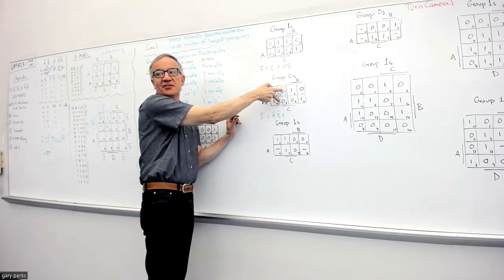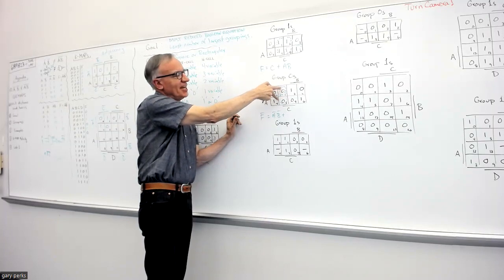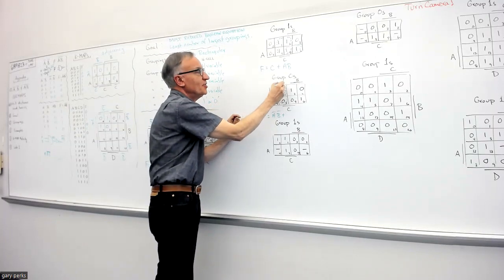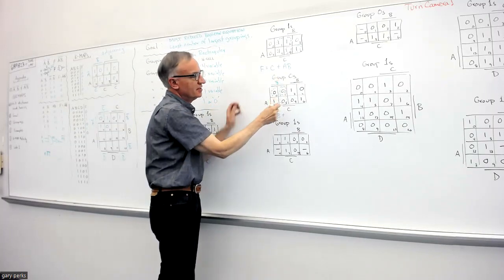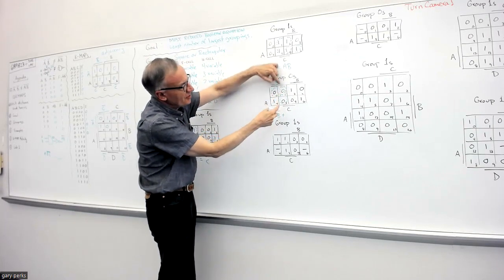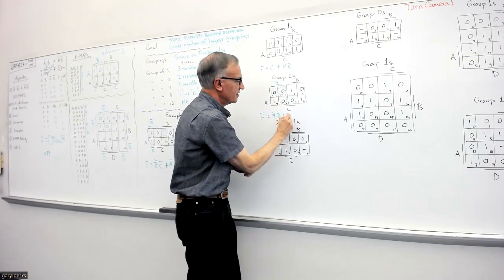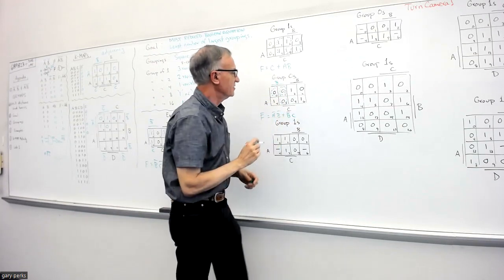Going to be a two variable term, which two variables? Is it going to be A? No, it's not going to be A because A changes between these two, right? So what is the same for these two? Not B and C, right? Because not B is these two components, and then also C. So this will give us not B, C.